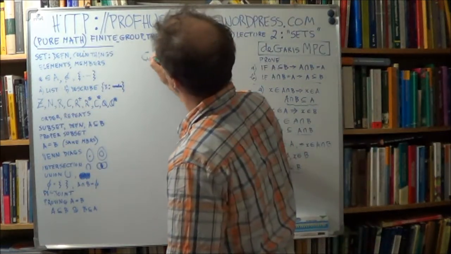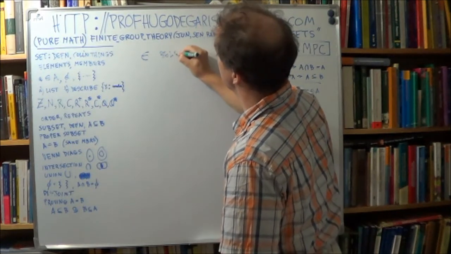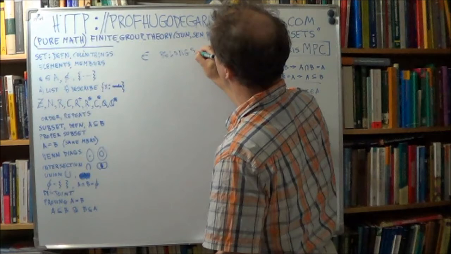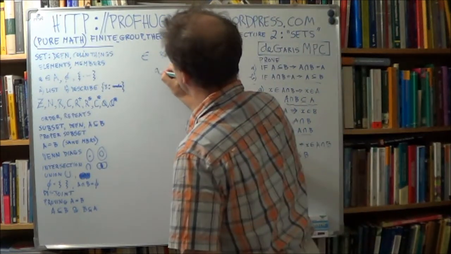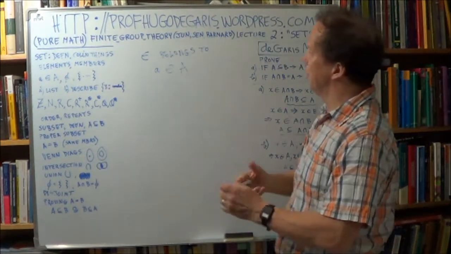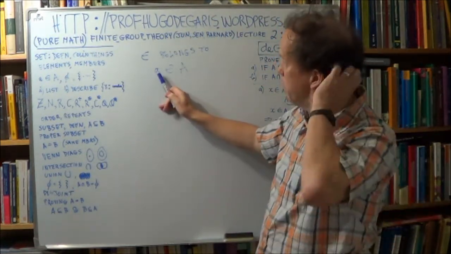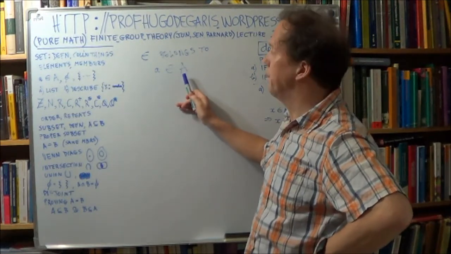So if you see this, just think belongs to. So little a belongs to big A means that this element, this member, little a, belongs to the set A.